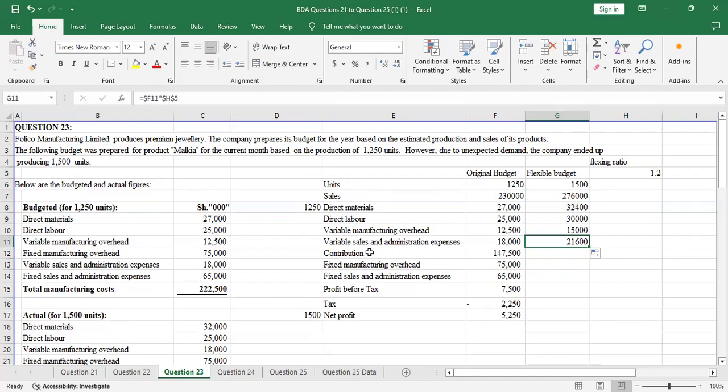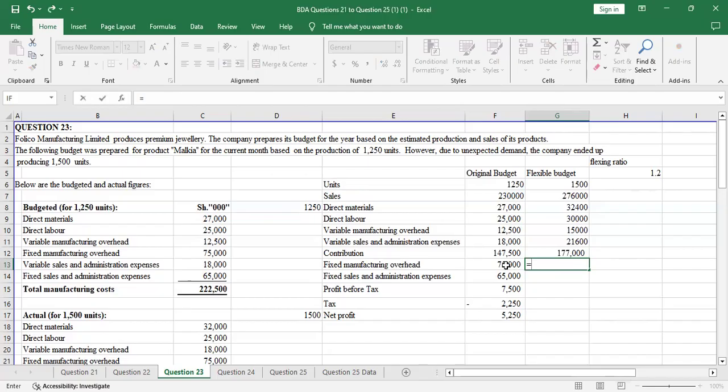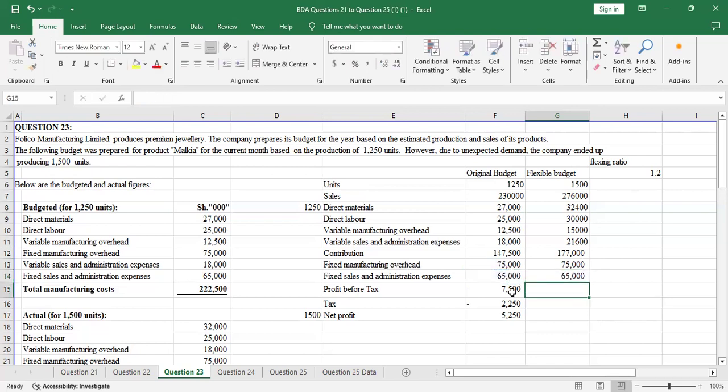So up to this point, these are the only items that we can vary, so the contribution, I'll just have to stretch that. Contribution now will be 177. Then the fixed manufacturing will remain the same. This doesn't change because it's fixed cost. So you can't flex fixed costs. So fixed sales also will remain constant, so the profit before tax, I'll just do that, will be 37,000.